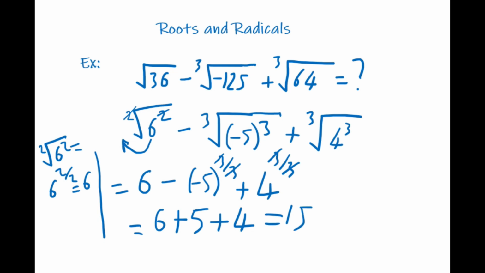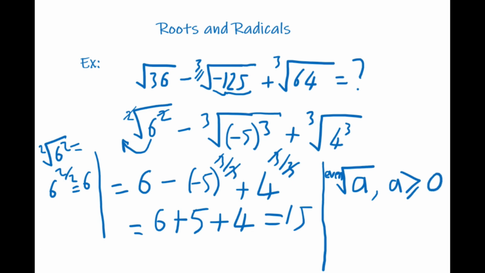Here, guys, I want to point out something that is extremely important, because here we have the odd number 3, then the inside of the root can be negative. If it was an even number, then the inside cannot be a negative number in real numbers. We are talking about real numbers all the time. Let's say we have a square root and this is an even number. This number, let's say a, always should be greater than or equal to 0.